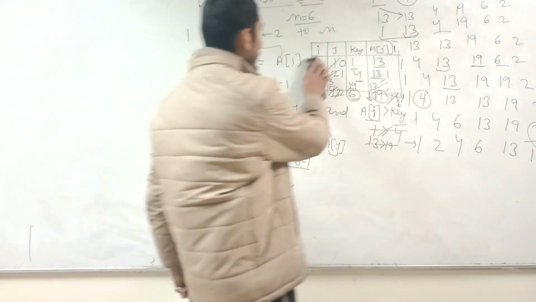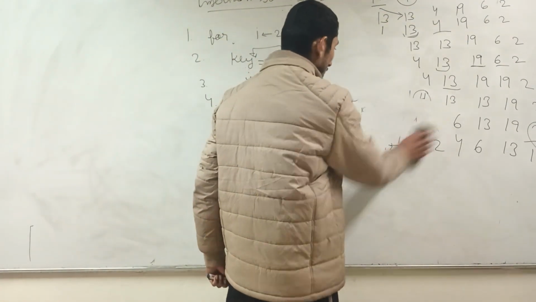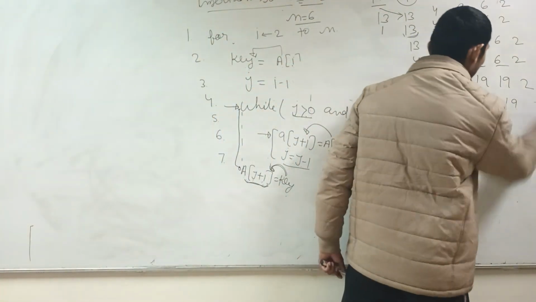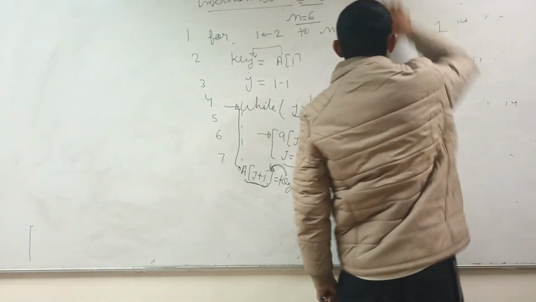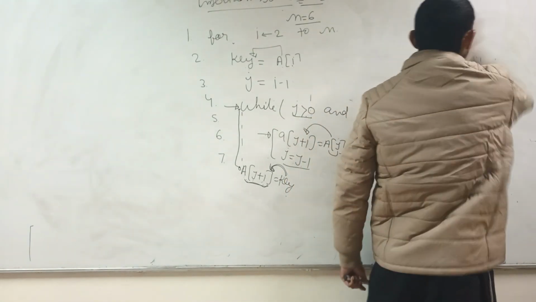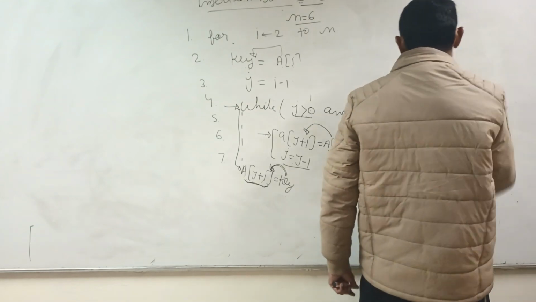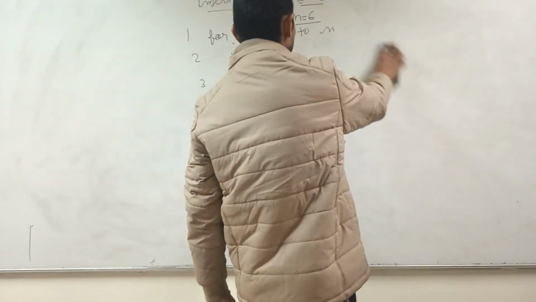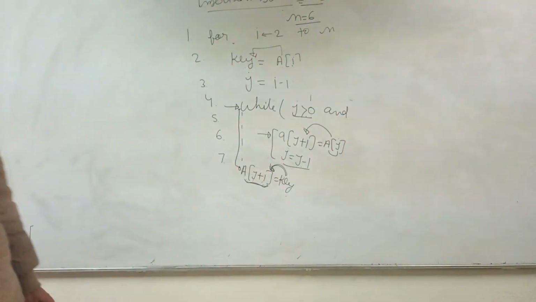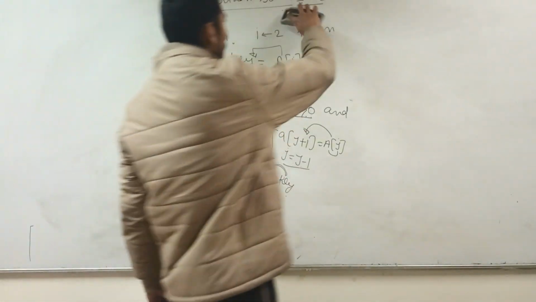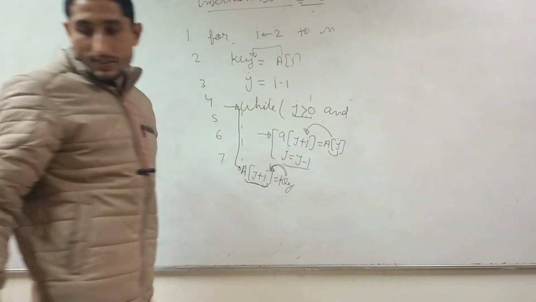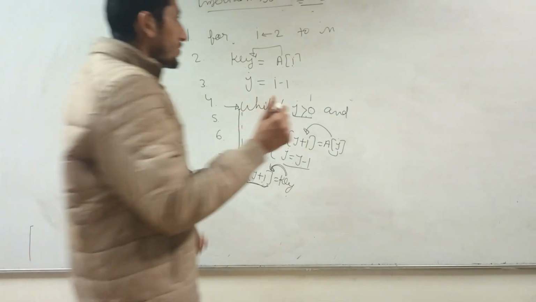Let me tell you one thing. What will happen if all elements were sorted? Let's say all elements are sorted. So how will this algorithm behave, let me show it to you.